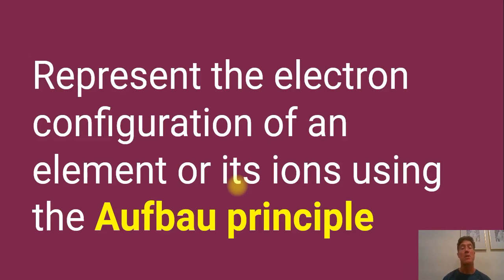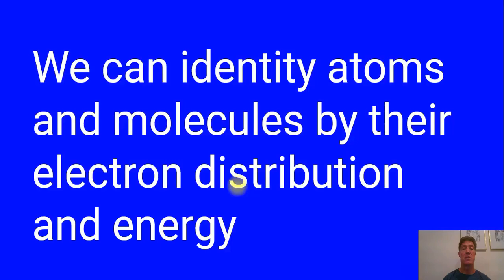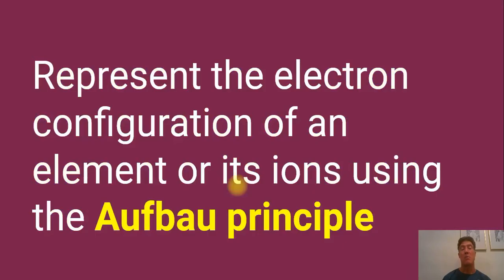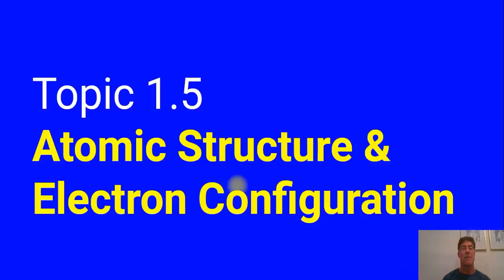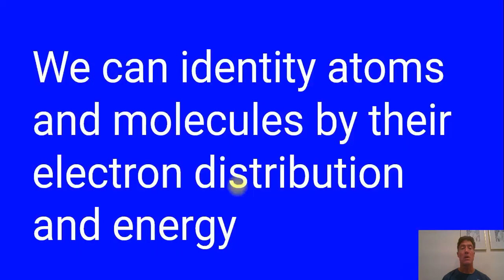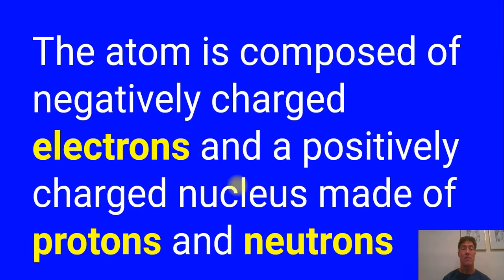So we're going to represent this using what is known as the Aufbau principle. And the Aufbau principle is a way that we build things up from their lowest energy state to their highest, one electron at a time. So when we look at this, we know we can identify atoms and molecules by their electron distribution and energy.